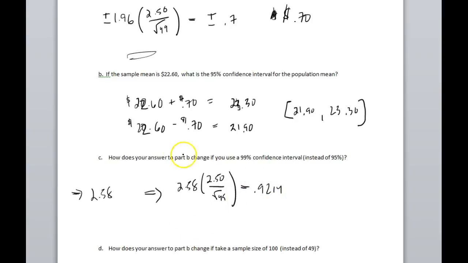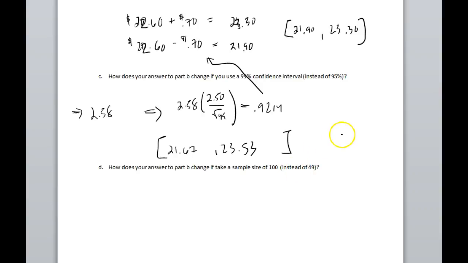If we plug that 0.9214 into this formula, adding it and subtracting it from the 22.60, we're going to end up getting an interval of 21.67 to 23.53. So now this is a range that we have 99% confidence in that the population mean is within it.